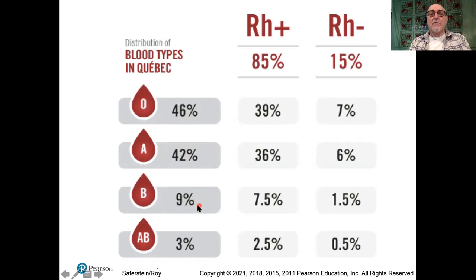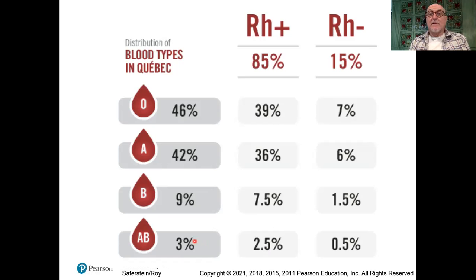What I do want you to remember is the least common is AB, and AB is also highly, highly desirable. Why? Well, because AB can receive blood from anybody.